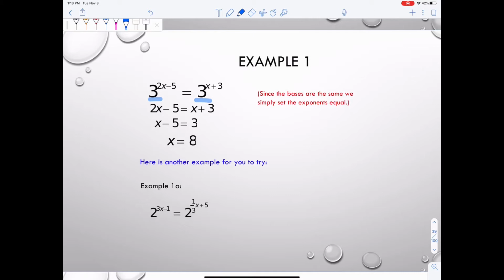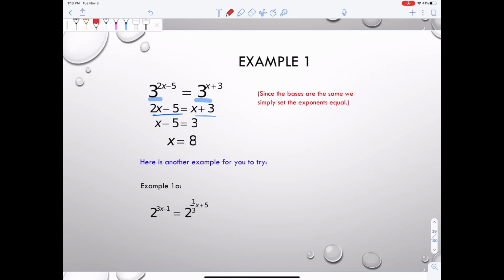I simply have an exponential to a power on each side and nothing more, and those bases happen to match. Because they match, I'm able to set those two exponents equal: 2x minus 5 equals x plus 3. From here I solve. In this case, it's a linear equation, so we subtract x on both sides, then add 5 on both sides, and we get x equals 8.